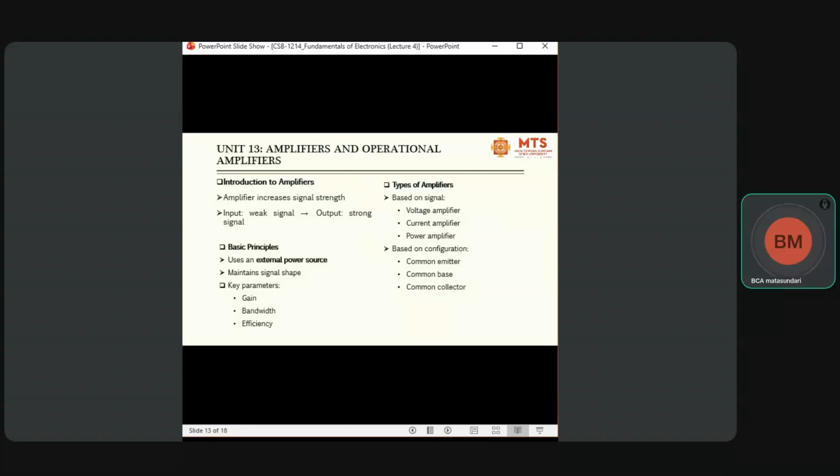Basic principle: it uses an external power source and maintains signal shape.